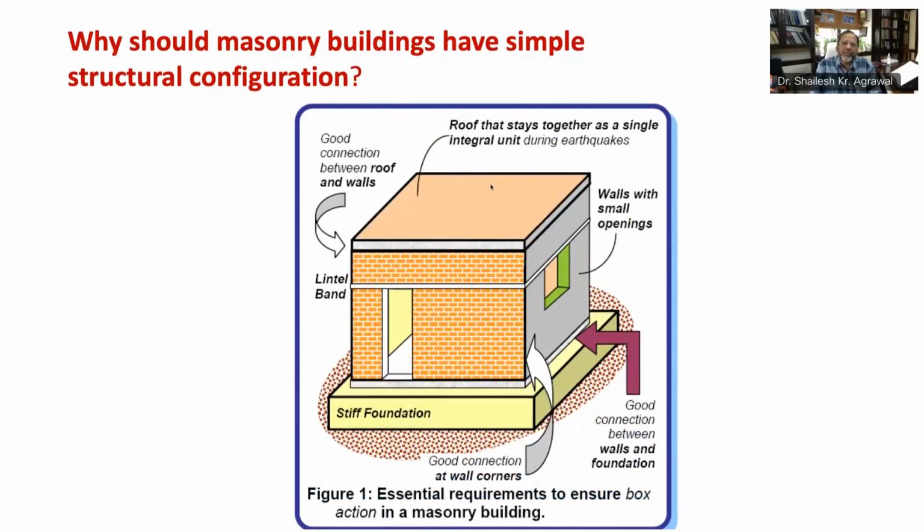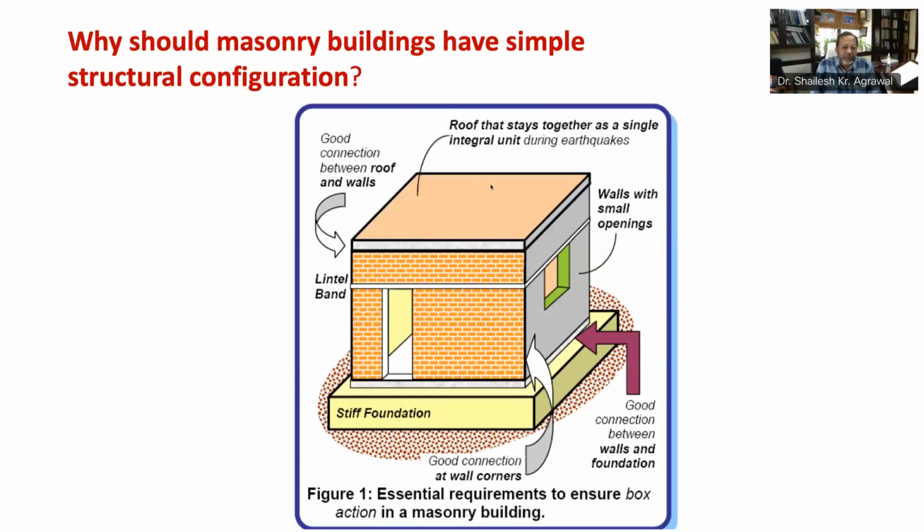The structural configuration of a masonry building means the overall size and shape of the building, distribution of mass, and horizontal or lateral load resistant elements across the building. Large, tall, long, and unsymmetrical buildings perform poorly during earthquakes.